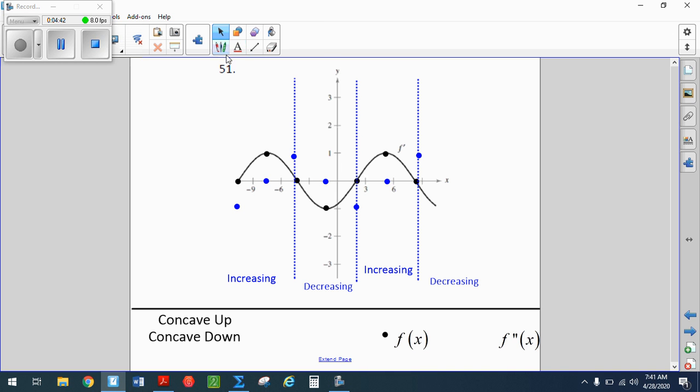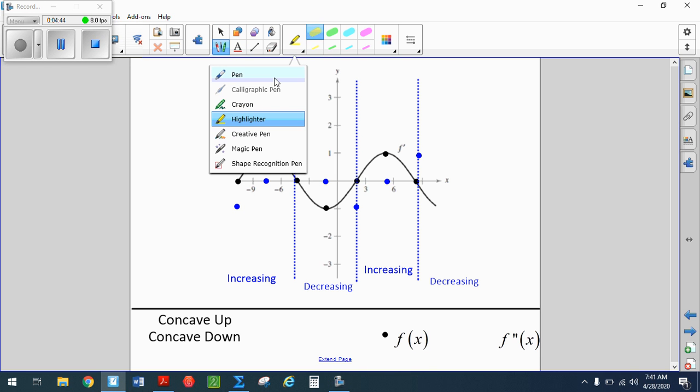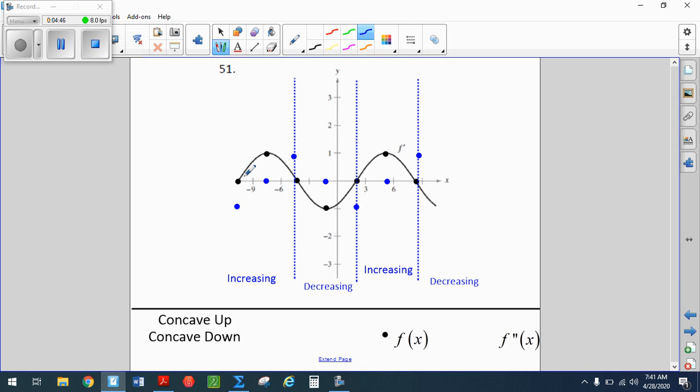And so that's enough information to draw my curve. Not going to be able to draw it great with my mouse, but so concave up switches to concave down. Concave down switches to concave up. Concave up switches to concave down.